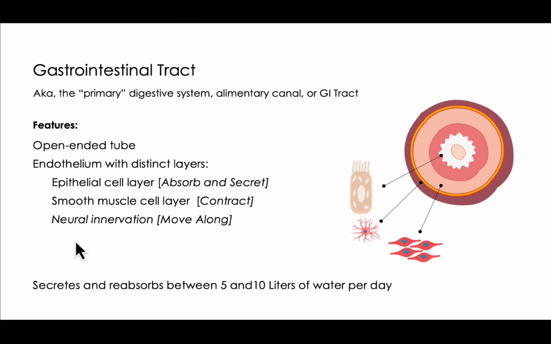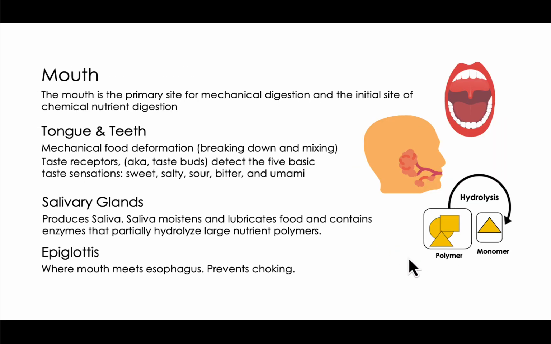So our gastrointestinal tract is made up of a long canal, and you've seen this before, but very importantly, it's lined with absorptive cells, nerve cells that make things move along, and smooth muscle cells that contract, also making things move along. It consists of the mouth, which has teeth for mechanical breaking down of food. And if I didn't already tell you this, the jaw muscle for chewing is crazy. It's the craziest muscle ever in our body.